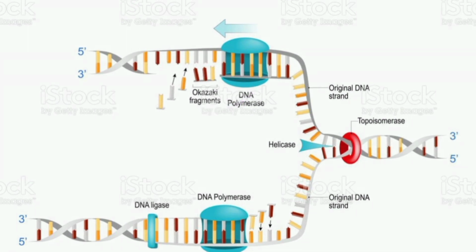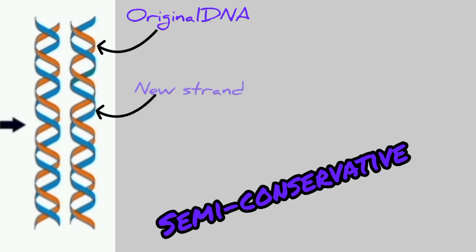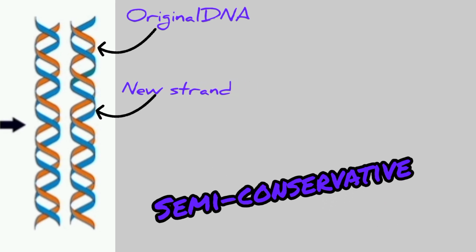So in the end, we have two new double strands, which are called semi-conservative because each contains one copy from the original DNA and the other is a new strand.